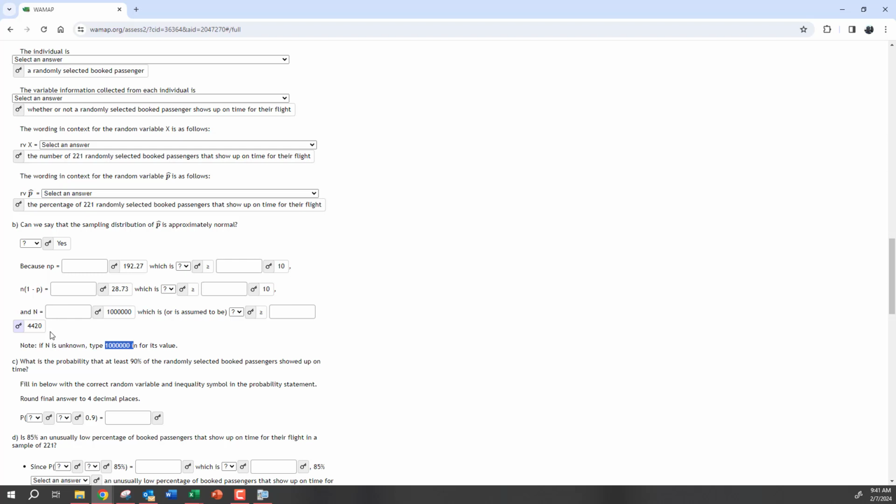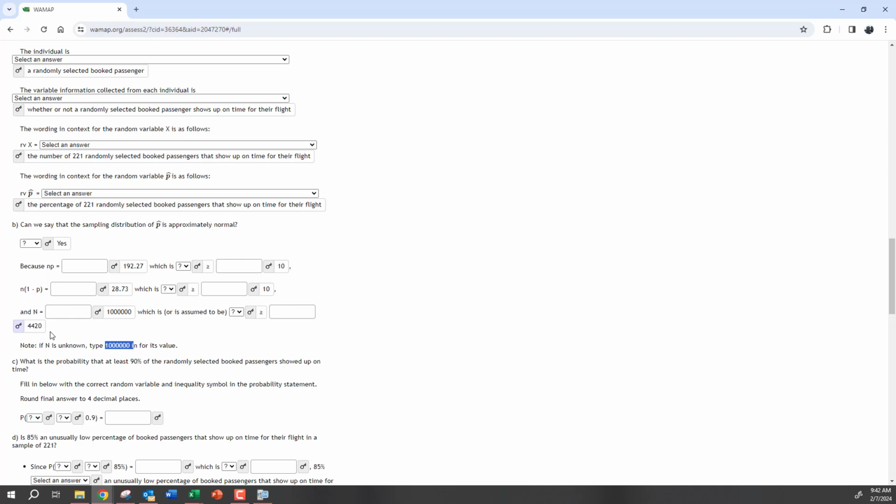We can't take more than 5% of the population as our sample, because then it skews the independence assumption of each trial, right? That it'll continue to be 87% for each new person that we're testing. Because if you take too big of a sample, it's going to skew that.